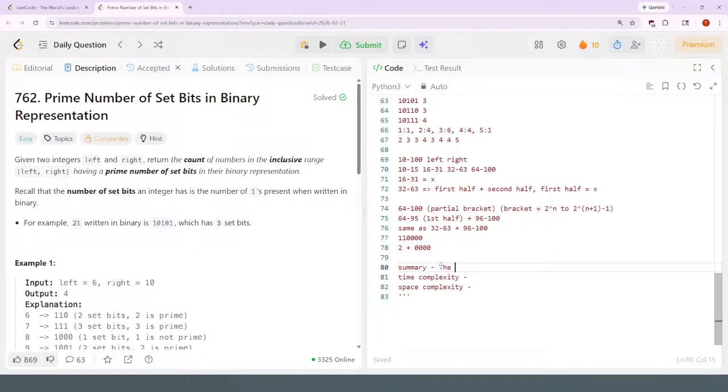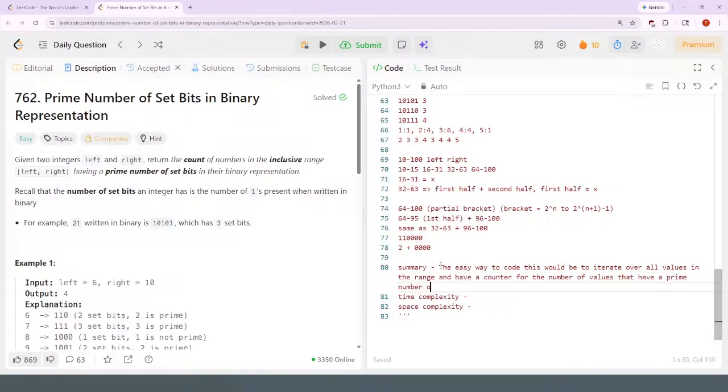the easy way to code this would be to iterate over all values in the range and have a counter for the number of values that have a prime number of set bits.